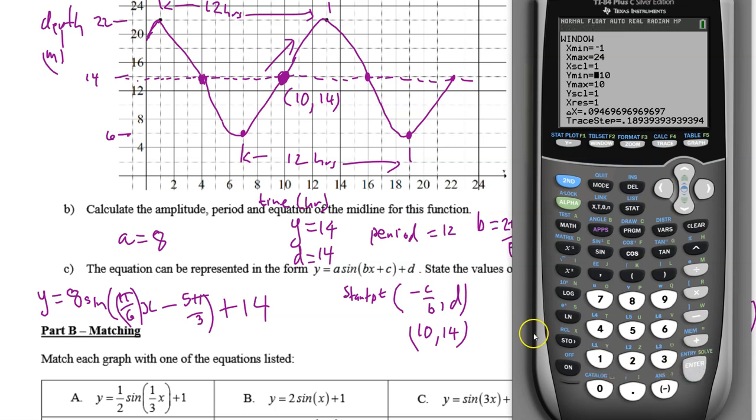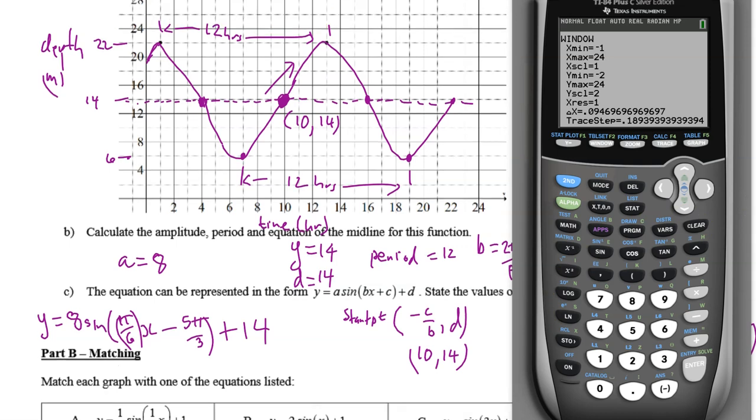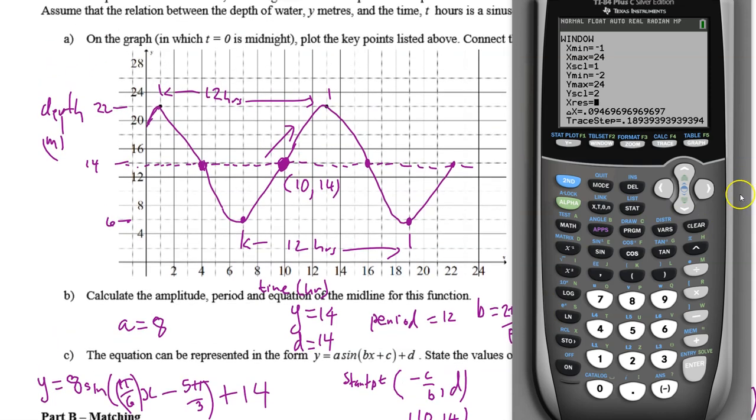And for our y values, we'll go negative 2 to 24, by 2's. So what I want to do is match this. When I hit graph, we should see this exact graph. We'll see a point at 22 near the top. So let's hit graph.